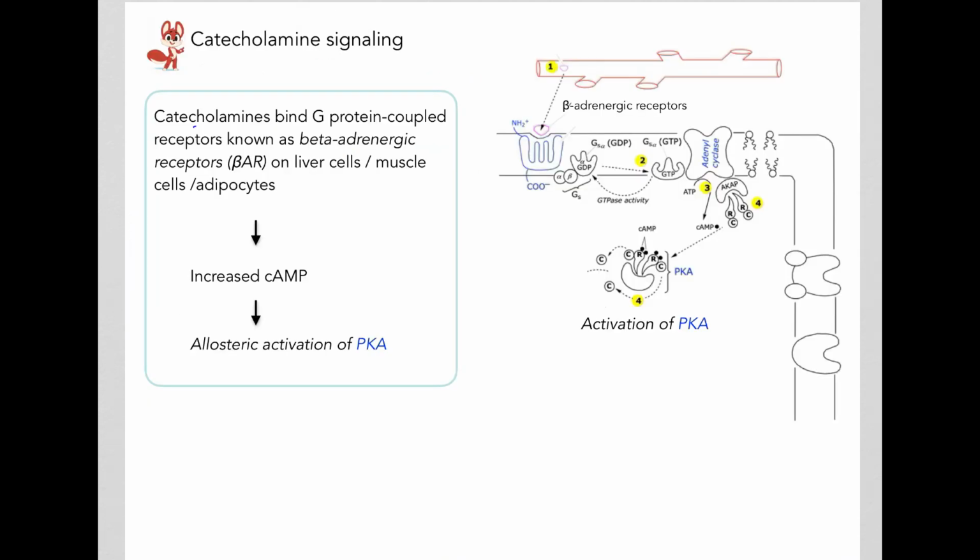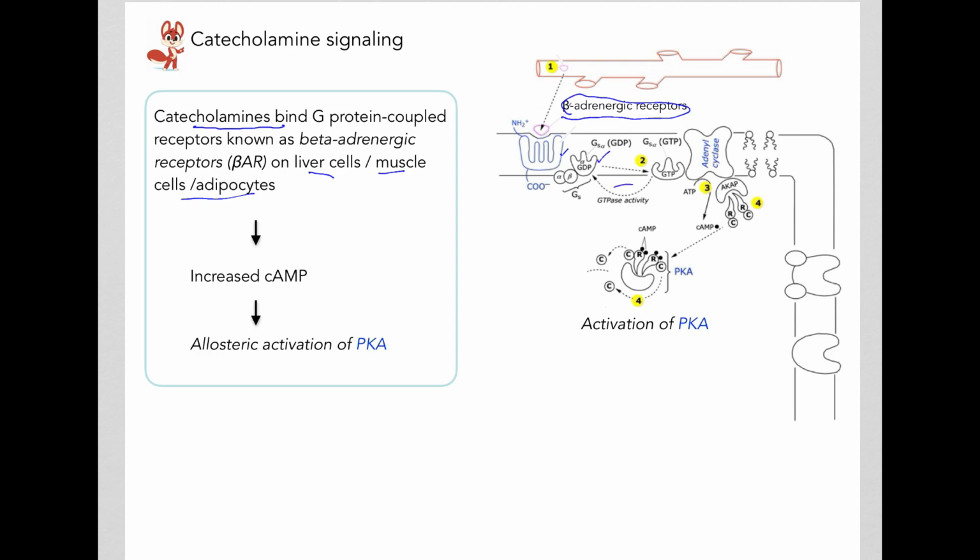The catecholamines will bind receptors called beta-adrenergic receptors on the target tissue, whether it's muscle or liver or adipocytes. And once these receptors are bound by catecholamines, it stimulates a signal transduction pathway, which is very similar to glucagon. This receptor is also a G-protein-coupled receptor.